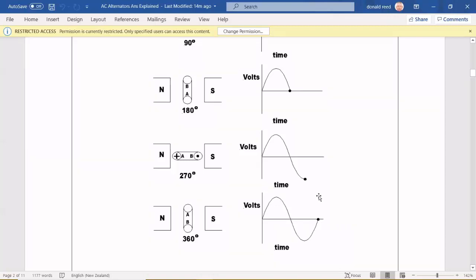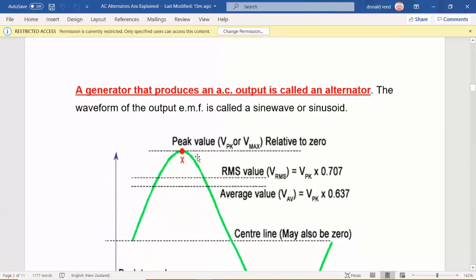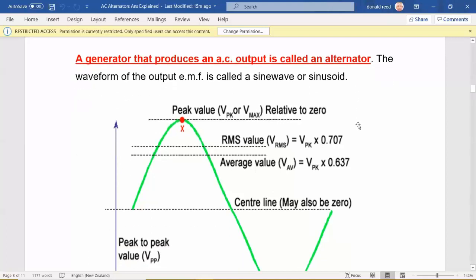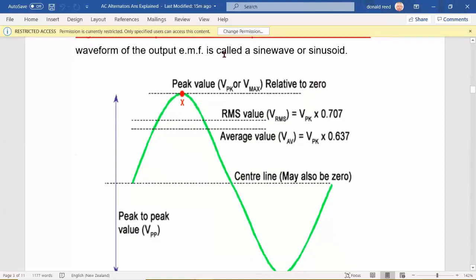In this country, we have a 50 hertz supply. In other words, we have 50 cycles per second. If we have a look at this, a generator that produces an AC output is called an alternator. The waveform is called a sine wave or a sinusoid.